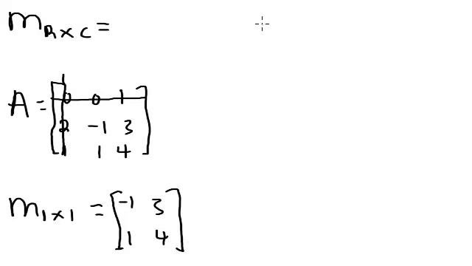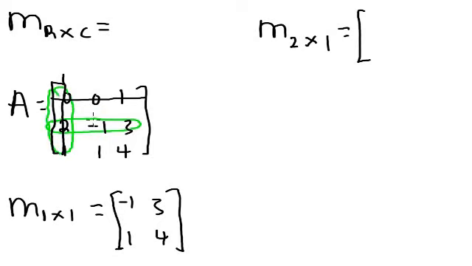Now, what about the minor matrix of the element with the following dimension, 2 by 1? That means the element in the second row, first column. So the goal is to eliminate the second row and the first column.